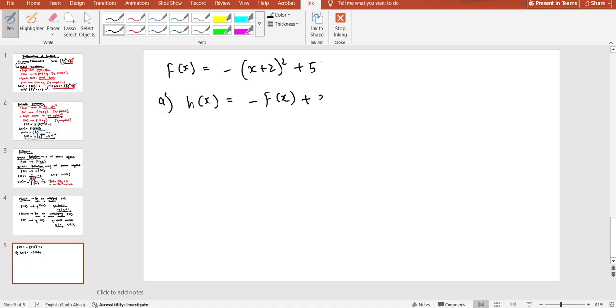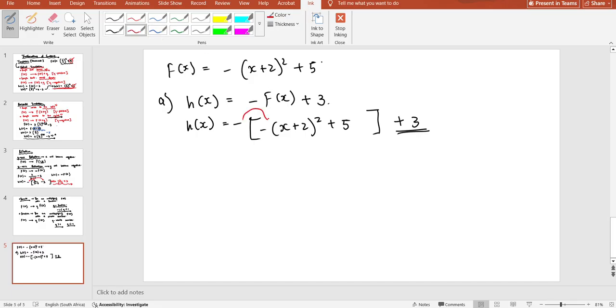But beside that, they're also putting a +3, and they want us to find the new graph of h of x. So h of x will look like this. F of x, I put a negative outside, and in these big brackets, I put what the function is. And then additionally, I put my +3 outside of the brackets. So do it like that.